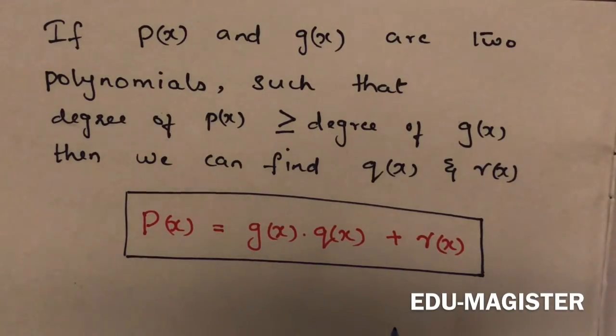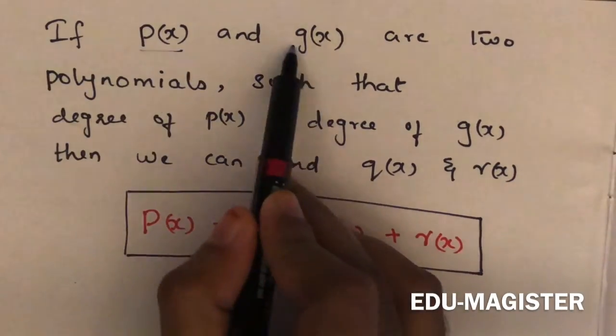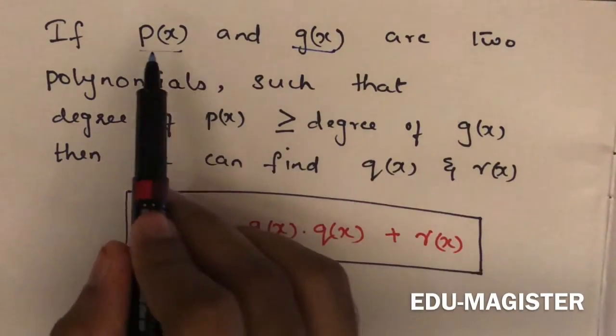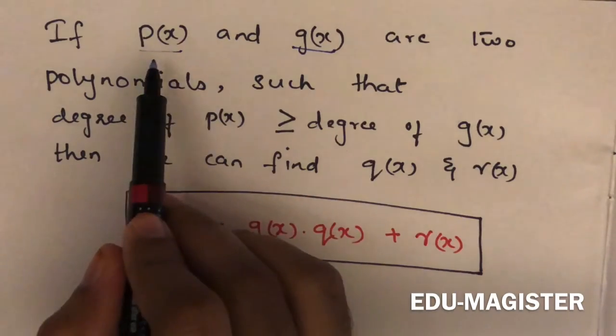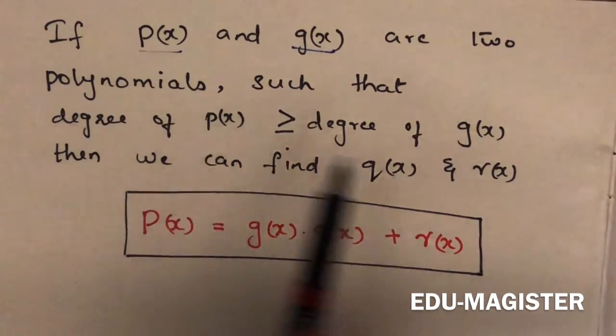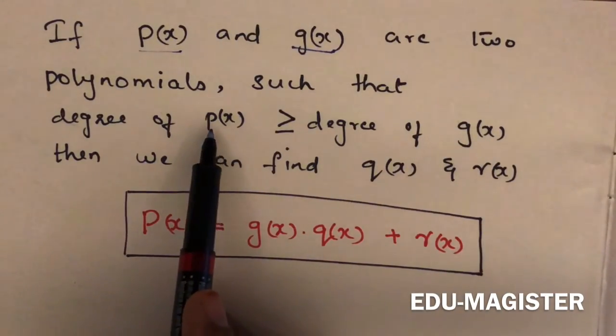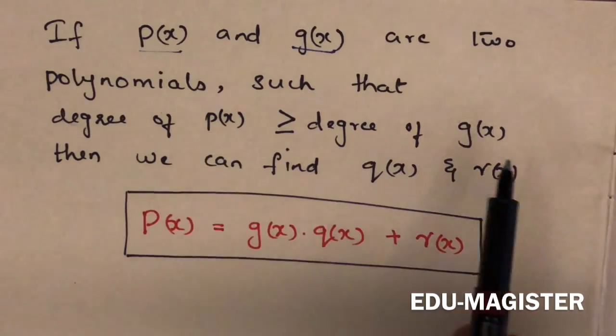So thus we can conclude in this way, that is, if p of x and g of x are two polynomials, such that the degree of p of x is greater than the degree of g of x. Okay, the degree of p of x should be greater than g of x.